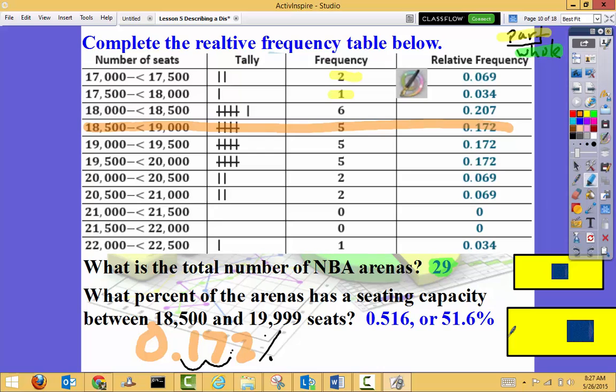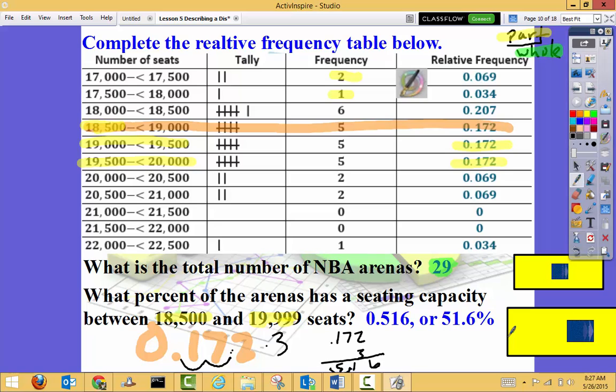Well, hopefully you realize that I did not look at my key terms. 18,500 is going to go all the way to almost 20,000. So I'm using these 3 rows. So I actually have to add this number 3 times, or another way to think of it is multiply it by 3. And that's going to give me 516.